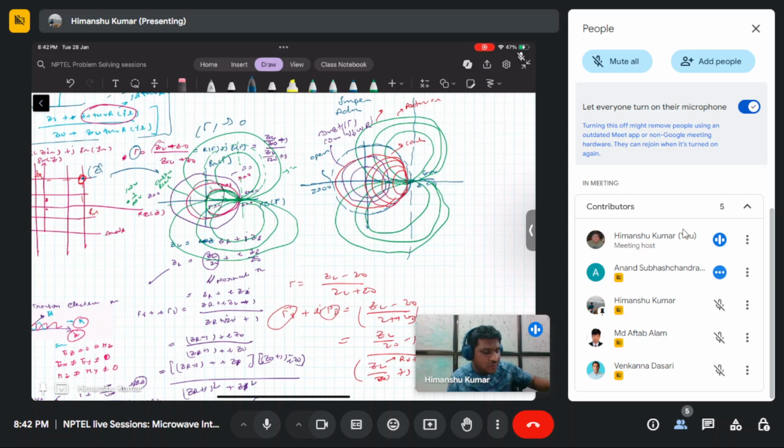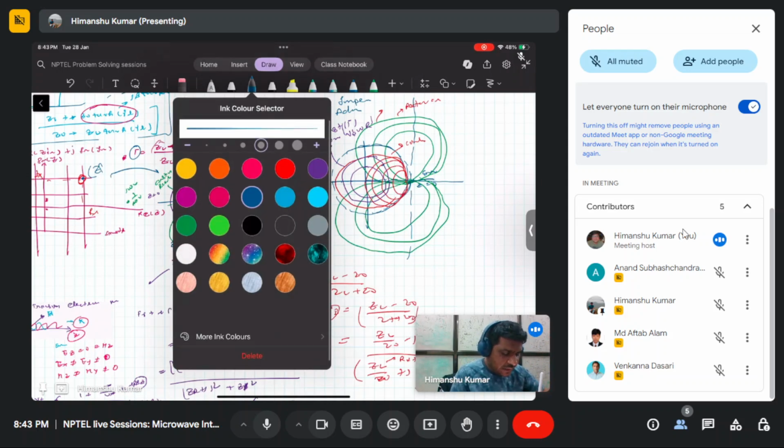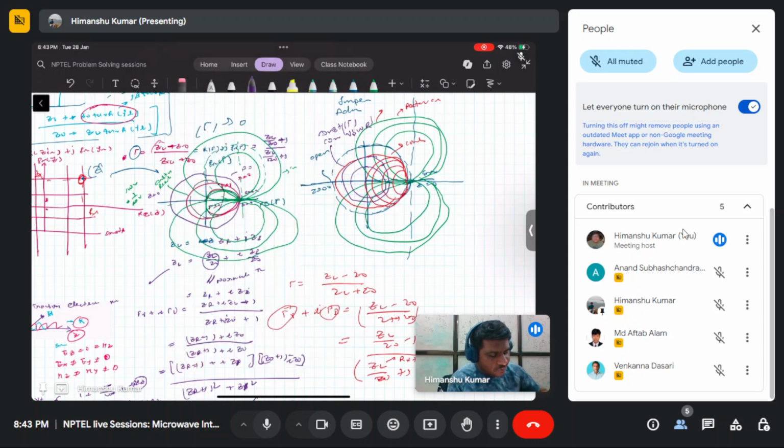If you know your load impedance, you can represent it on the Smith chart, and you can get the reflection coefficient it will have corresponding to that line. So let's say you represent any load here now.